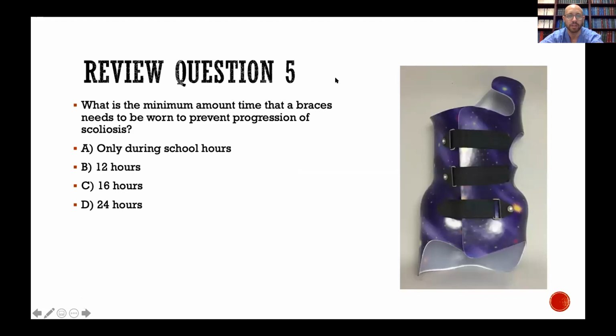So if the patient falls in that 25 to 45 range and you choose to brace, what's the minimum amount of time that needs to be worn to prevent any progression of the scoliosis?